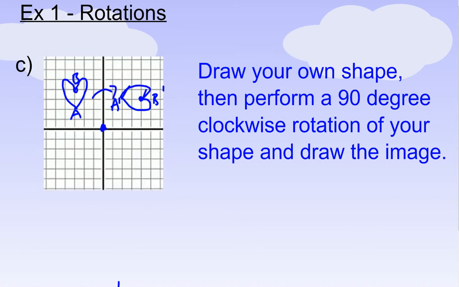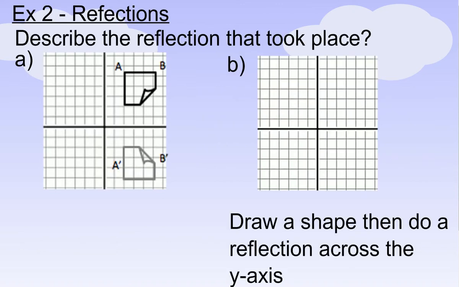So rotations, turns about the origin usually, not always. Sometimes it's around another point. Now, a reflection. A reflection is, as it sounds, a reflection. It's like a mirror image of each other across some line. And usually what you're going to find is it's either going to be across the x-axis or the y-axis.